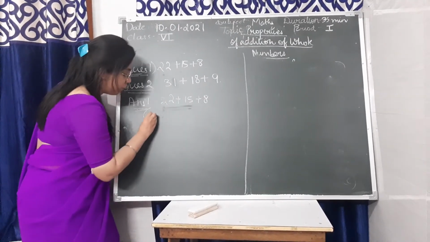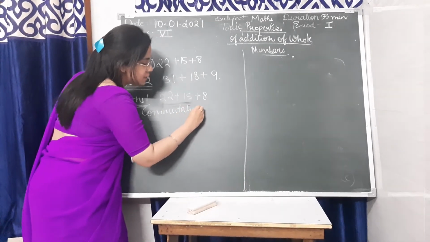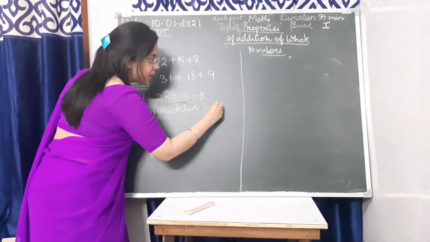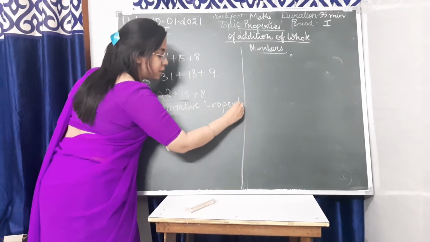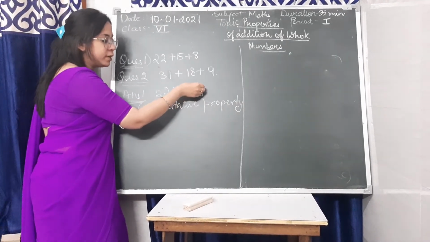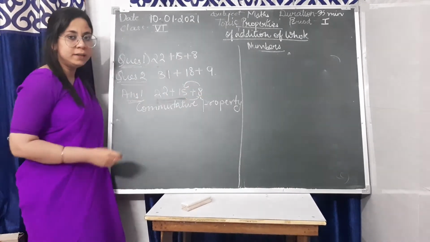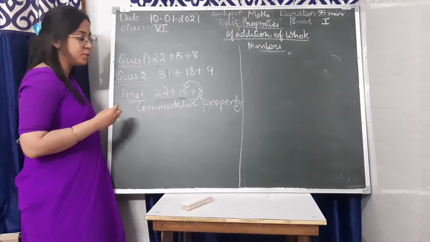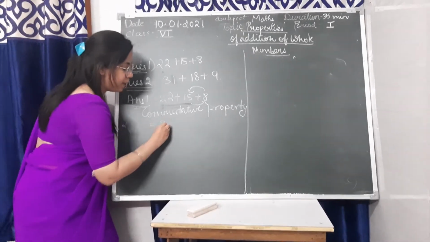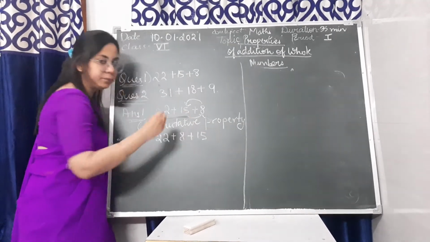And if you all remember, in commutative property, we just switch the numbers. Here we have three numbers, 22, 15 and 8. So I am just going to switch my 15 with 8. Here I am using the commutative property. So this becomes 22 plus 8 plus 15.